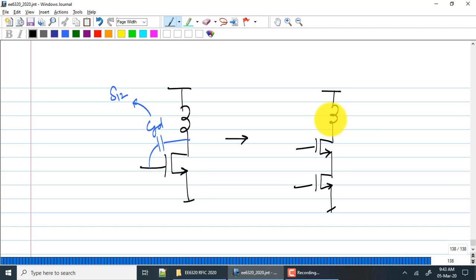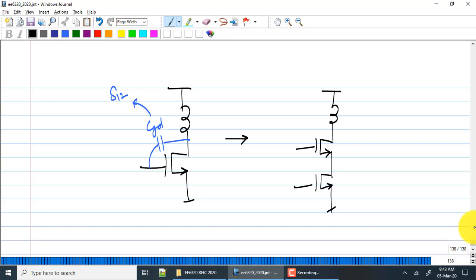I think I'll just note one last thing. In traditional analog circuits and analog ICs, how do you analyze stability? How do you find the gain margin, phase margin of the loop? You break the loop because you are trying to apply explicit feedback. So you have control over breaking the loop. How will you break the loop here? CGD is inside the transistor, unfortunately.